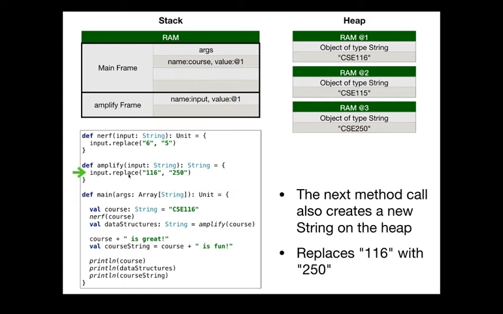We're going to call replace. Replace is going to do the same thing that it did in that first method call. It's going to create a brand new string on the heap, in heap space. That string is going to have that change reflected.